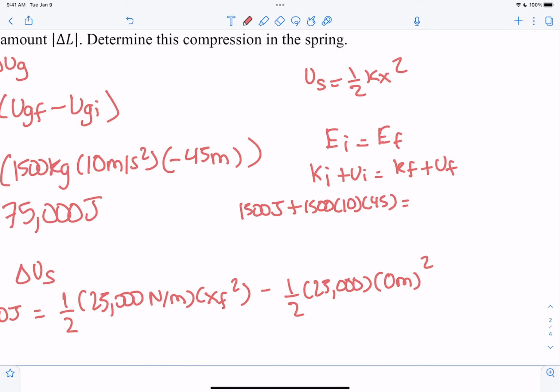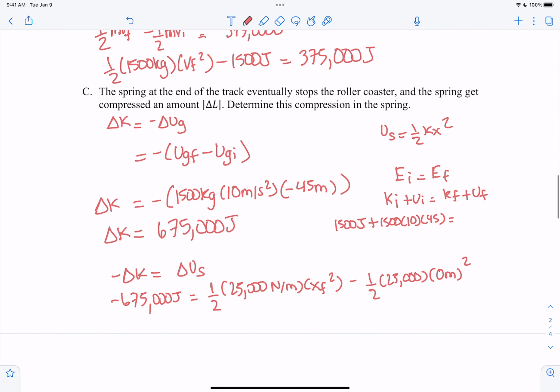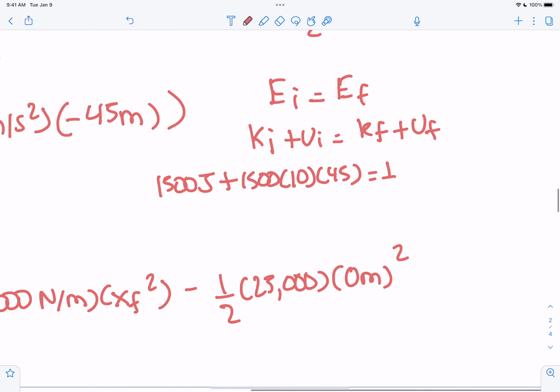And then K final, which is at the bottom of the loop technically, would just be half 1500 kilograms, yep. Or actually, no, KF is what we're trying to figure out. That would just be the kinetic energy at the bottom, technically. So KF and then plus UF, so that's at the bottom, that's 0. Okay. Well then, it's still getting positive for that.